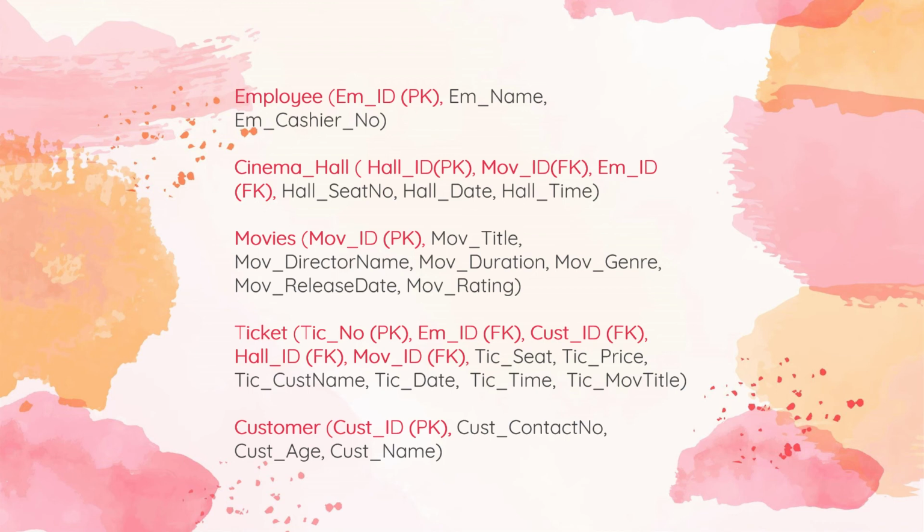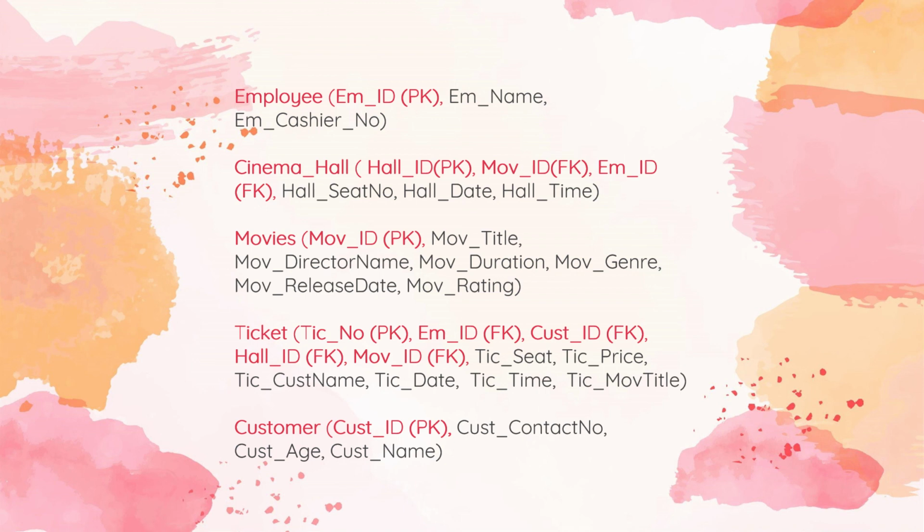Next, we have movies. The primary key for movies is the movie ID, and the rest are movie title, movie director name, the duration of the movie, the genre of the movie, the release date of the movie, and the rating of the movie. And then we have the ticket entity. The primary key for this entity is the ticket number, which is tick_no, and the foreign keys are employee ID, customer ID, hall ID, and movie ID.